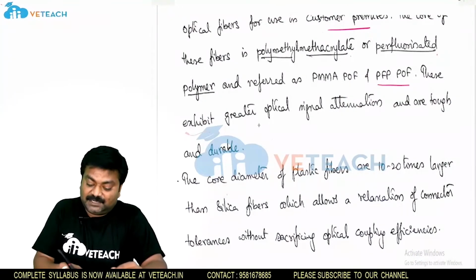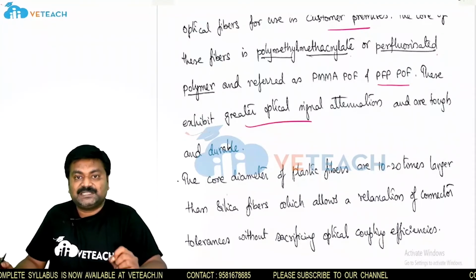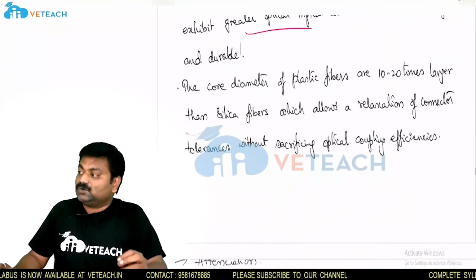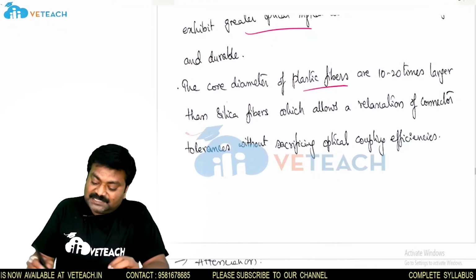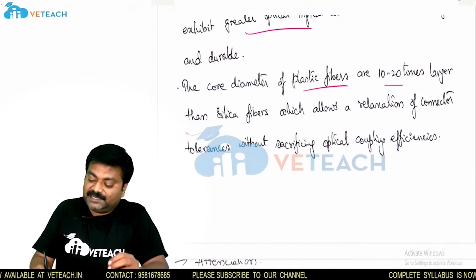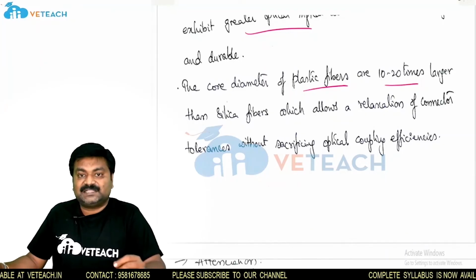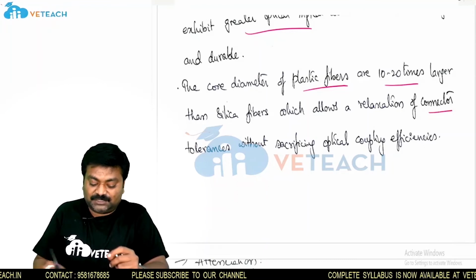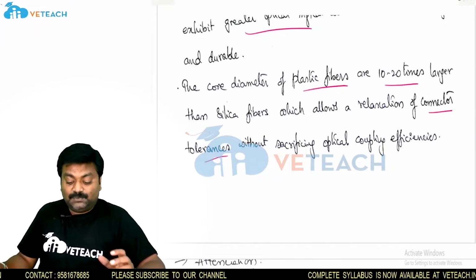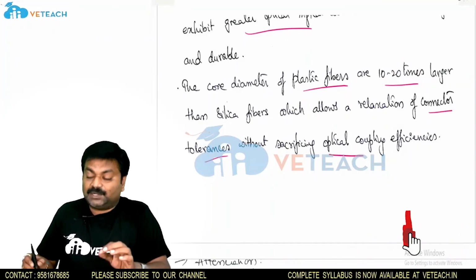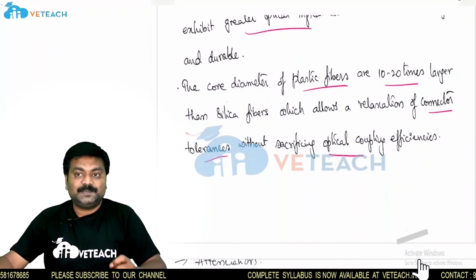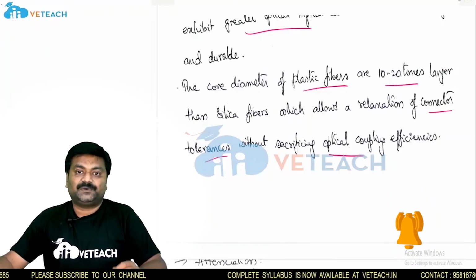These exhibit greater optical signal attenuation and are tough and durable. The core diameter of plastic fibers is 10 to 20 times larger than silica fibers, which allows a relaxation of connector tolerances without sacrificing optical coupling efficiencies. So these are the types of fibers that we are going to use.